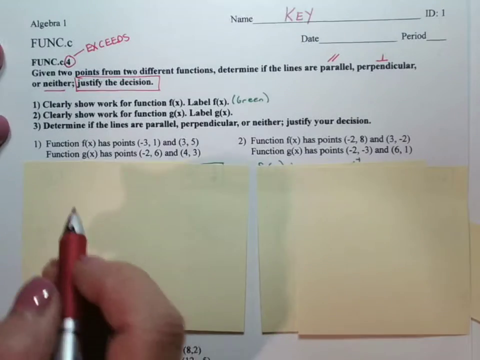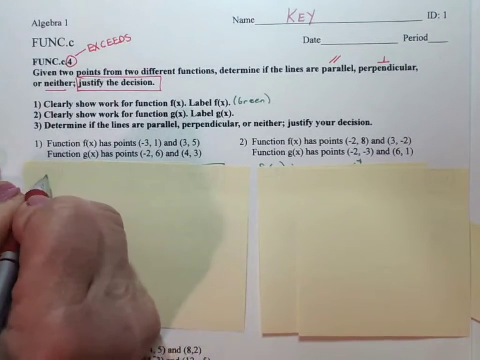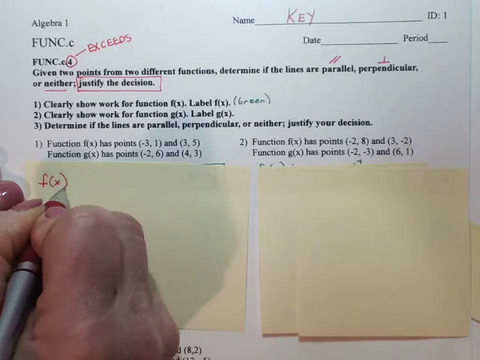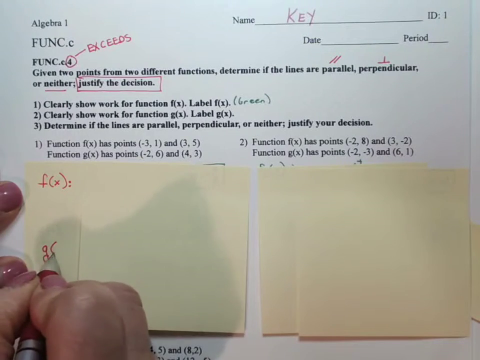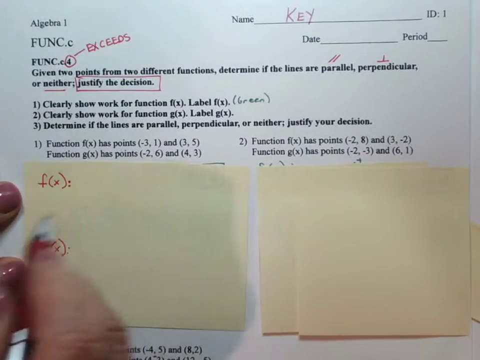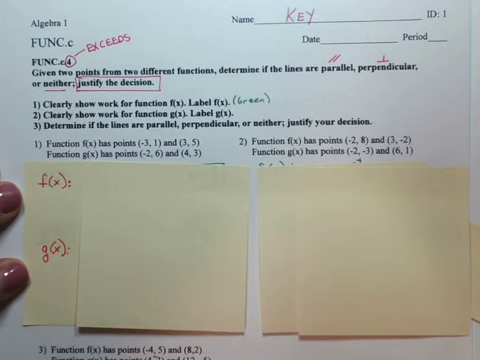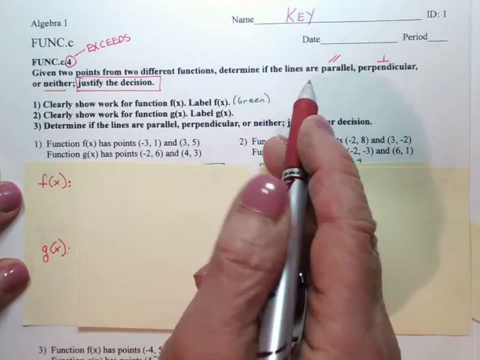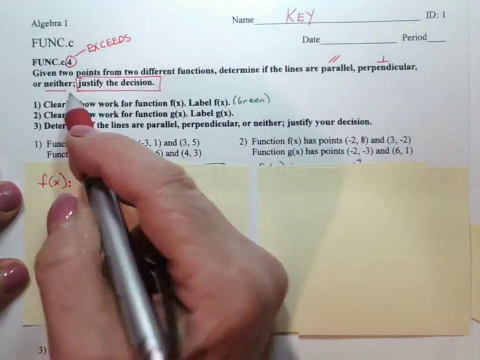All right. So what we have here are 2 functions. We have the f of x function, and we have the g of x function. We have 2 linear functions, and each function has 2 points. And we want to determine if these are parallel, perpendicular, or neither.